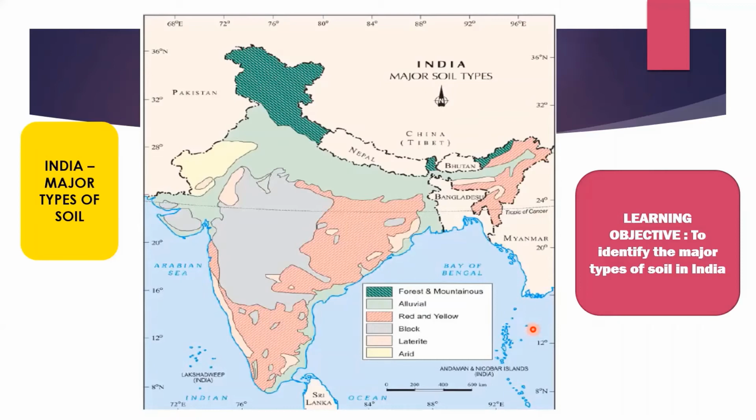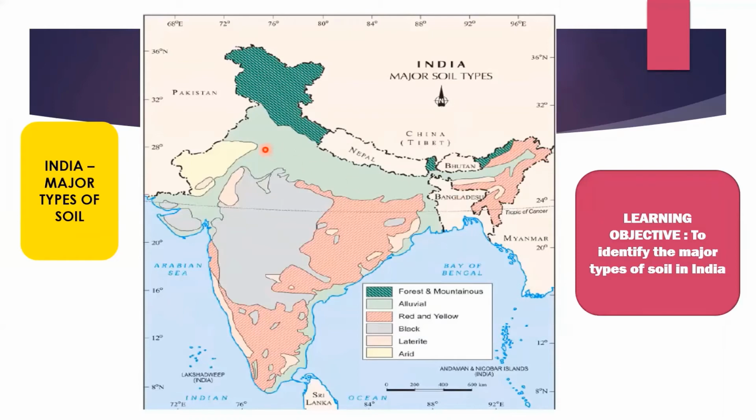First have a look at the forest soil. The forest soil is mainly found in the hilly and mountainous areas and in the Himalayan region. Next, we will move to the alluvial soil.